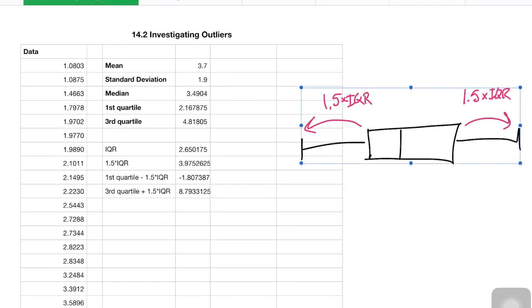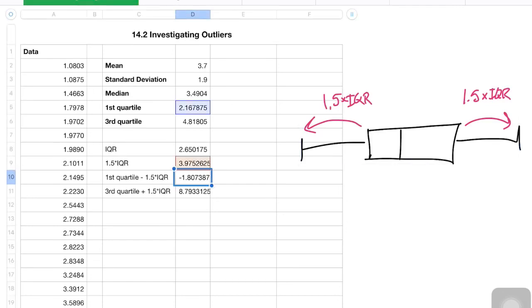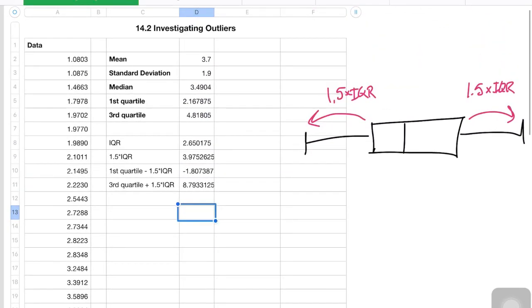So in that cell right there, I just took my first quartile minus 1.5 times the IQR, and then in the other one, for my high outlier, I did the third quartile and then added on 1.5 times the IQR. So now I'm looking to see if any of my data values would be an outlier.